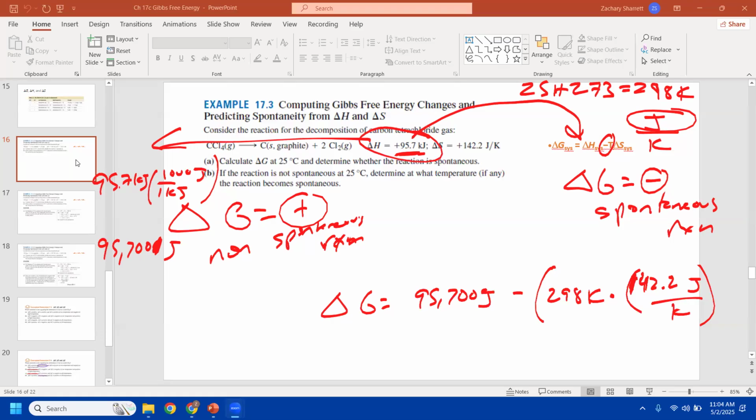So let's go ahead and plug in 142.2 times 298. Somebody shout out the answer. Confident about that? 42,375 joules. So Kelvin cancels. That puts our answer in joules. 95,700 joules minus 42,375 gives us what?